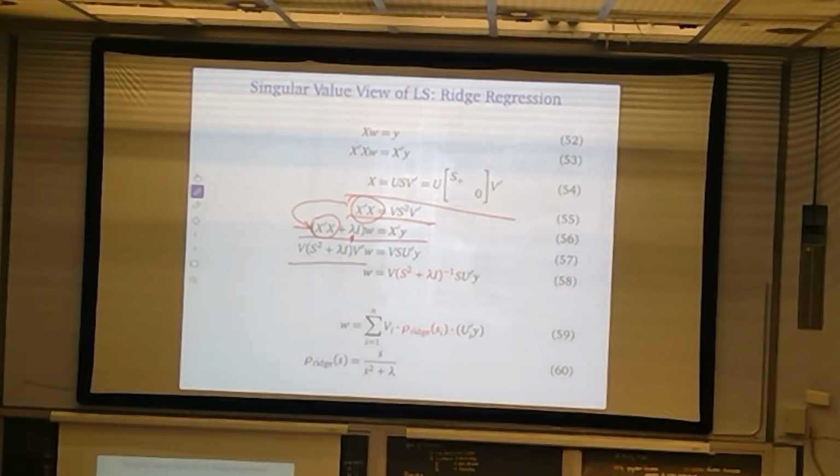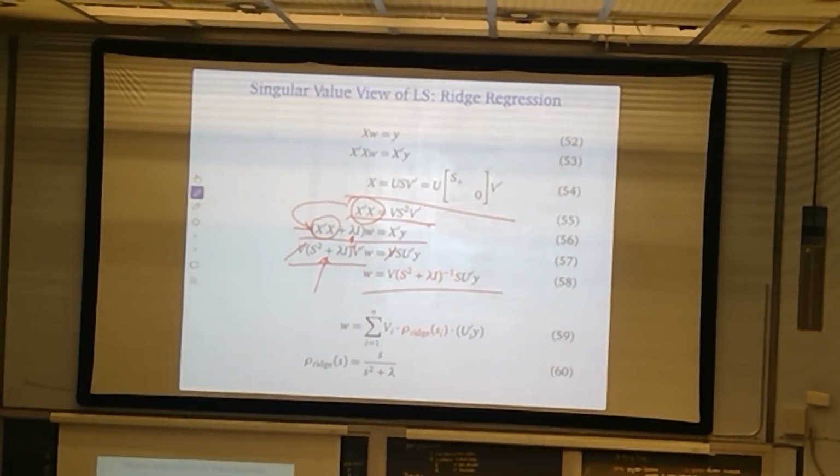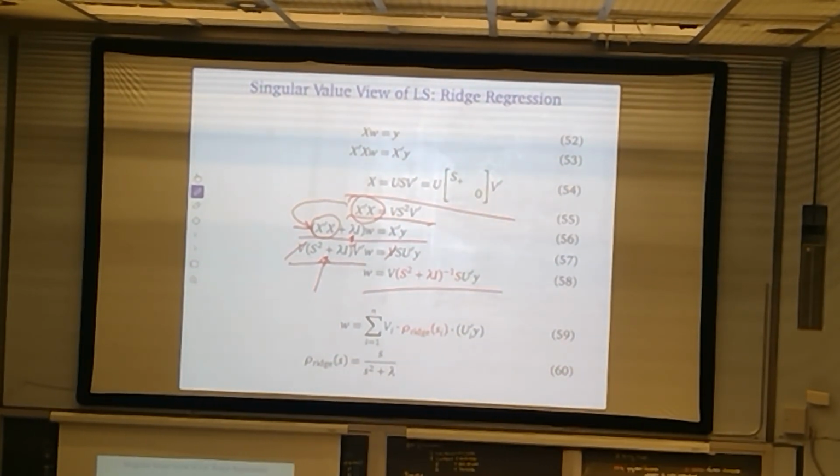It becomes this, and V can cancel out because it's orthonormal, and this is always full rank. So I can just go to the other side. Now I can do the inverse, and for this V transpose, it's an orthonormal matrix, so the inverse is just V, and I have this representation. And now this portion again has the same structure. The ridge's weight function is essentially S over S squared plus lambda.